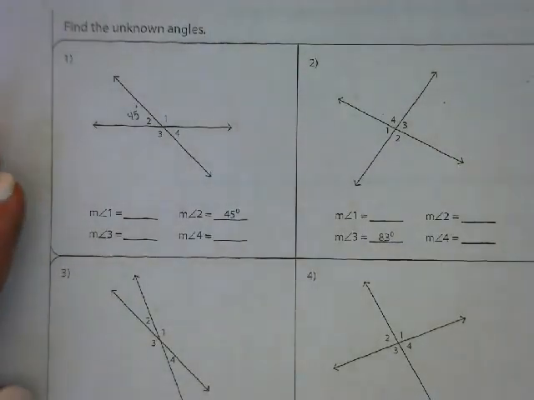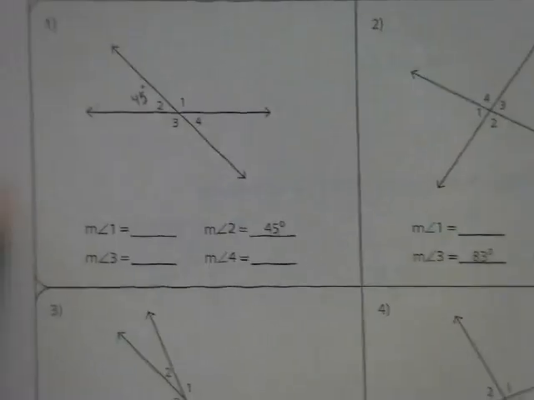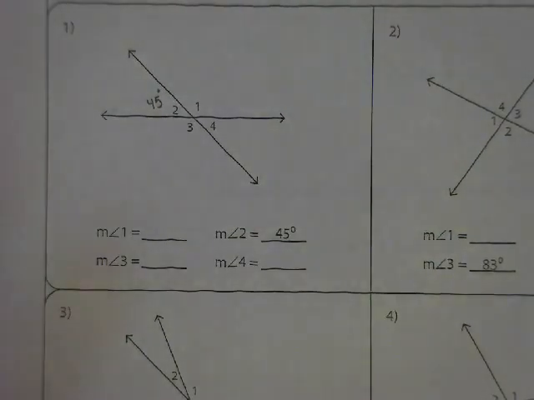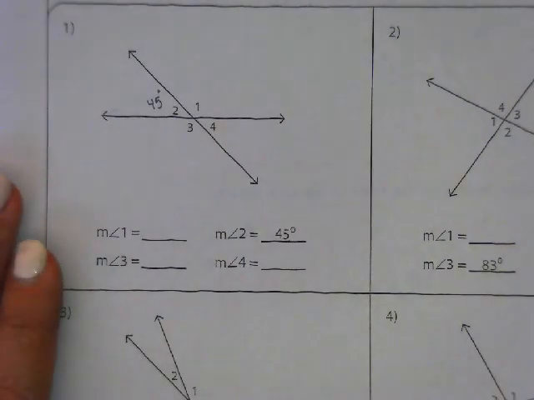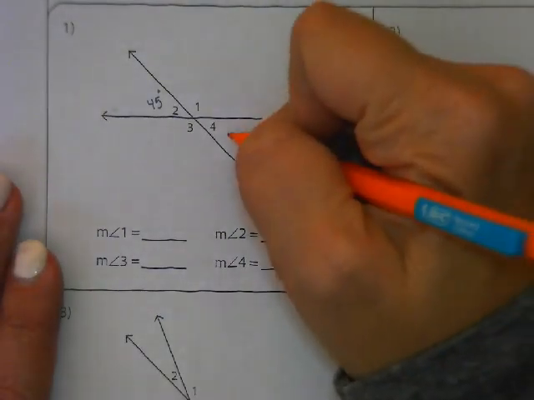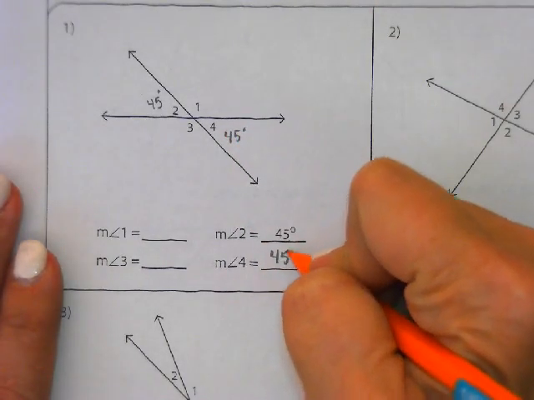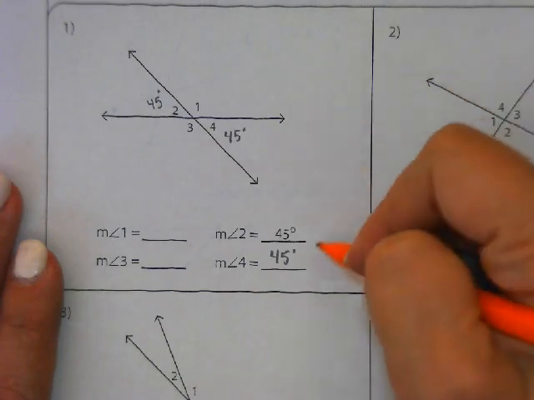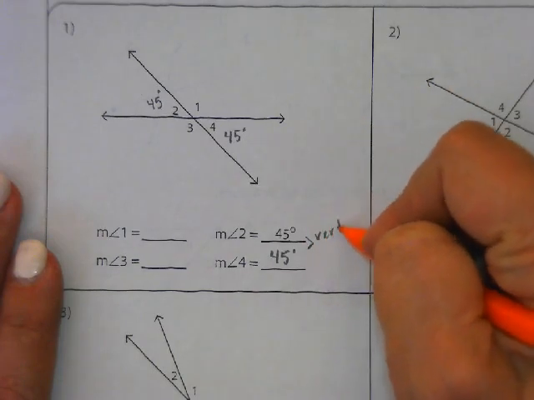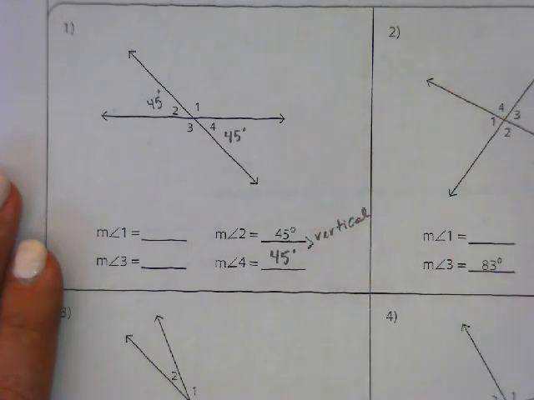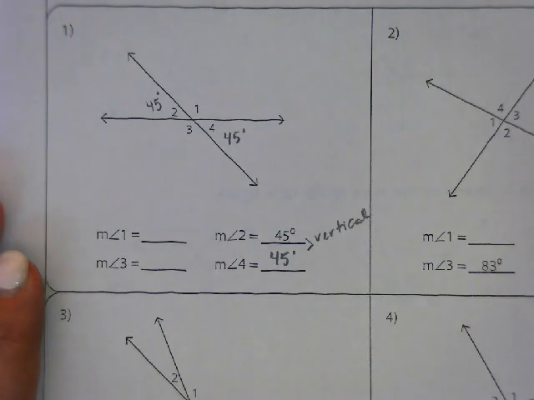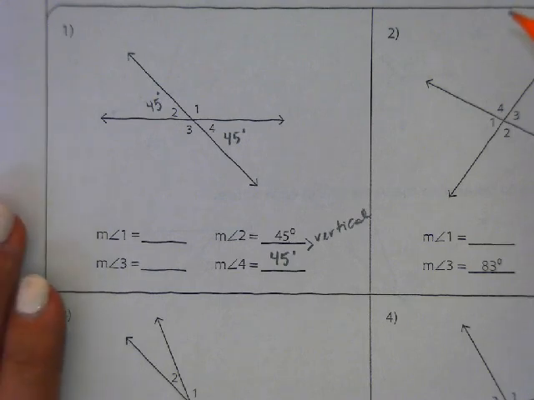What do we know if 2 is 45? Think about it and use your notes if you need to. What do you know? 4 is what? 4 is also 45 because they are what? These are vertical. Very good. And vertical angles are congruent. Okay, what else do you know? What is equal to 180? Good call.